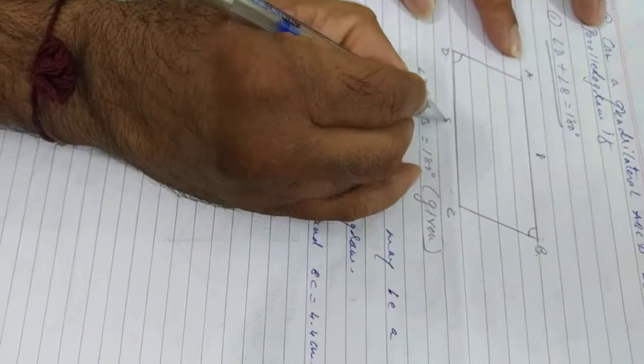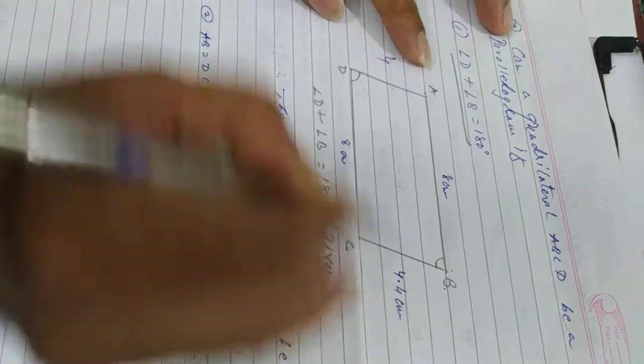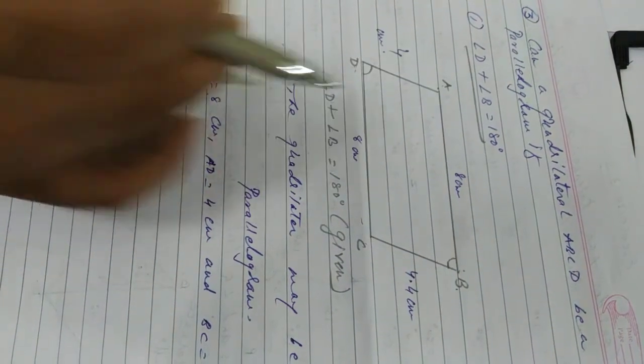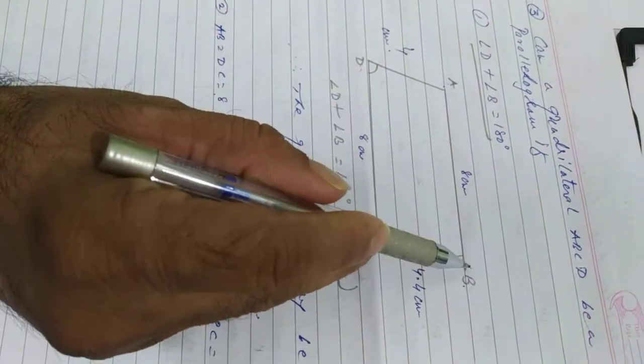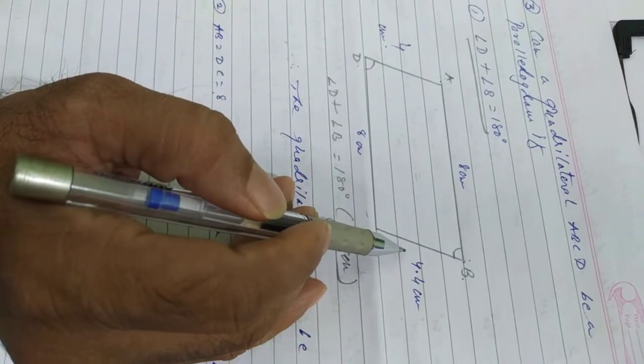AD is 4 centimeter and BC is equal to how many? 4.4 centimeter. So which are the opposite sides? AD and BC are what? Not equal.